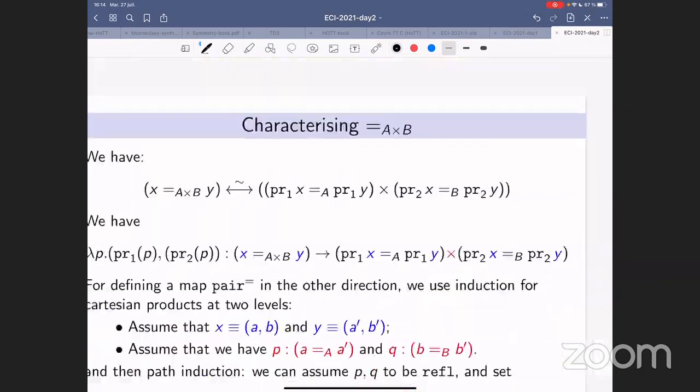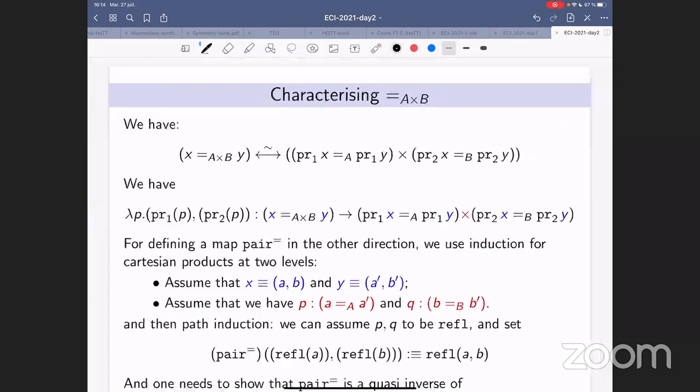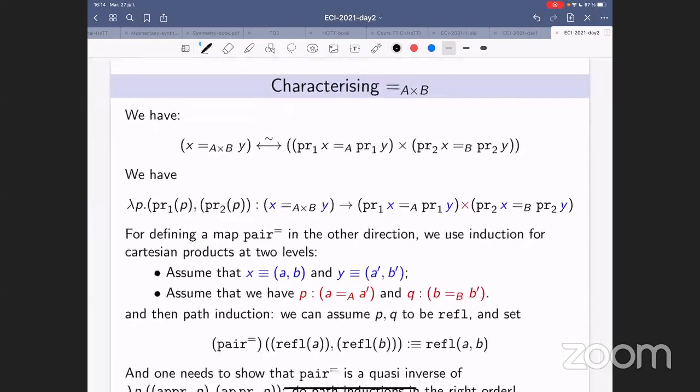Let's do this for the product types. And this works fine. We can prove that these two types here are equivalent, not only logically equivalent, but equivalent.